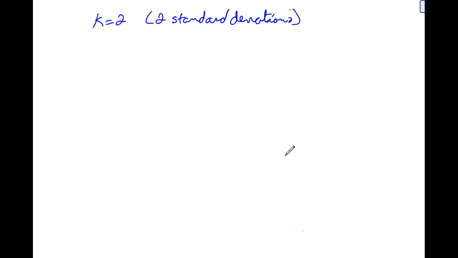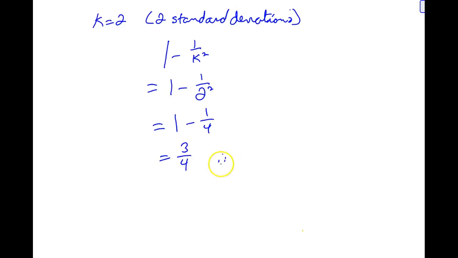So we take 1 minus 1 over k squared. That's 1 minus 1 over 2 squared, so 1 minus 1/4. That's 3/4, or 75%. So at least 75% of the data will be within 2 standard deviations.